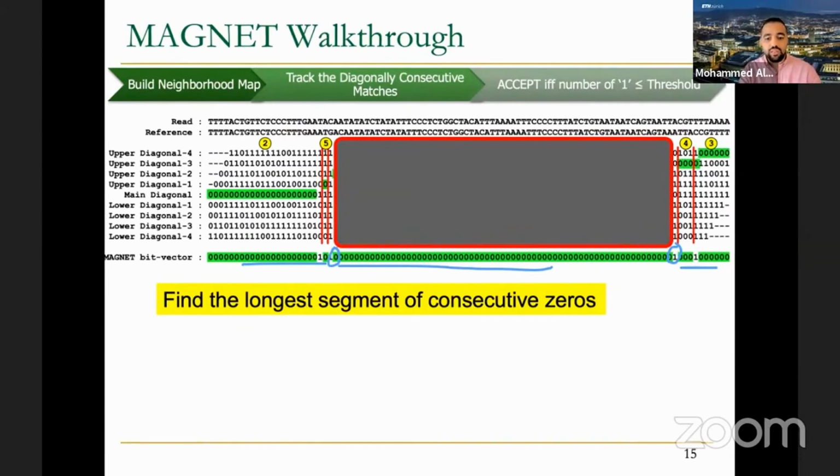Otherwise, if it is not separated, then we would get very long segments of zeros. So you won't get a limited length as in here, but rather it would extend until the end if there is no edit operation over here. So we add these ones on purpose as an indication of an edit operation.